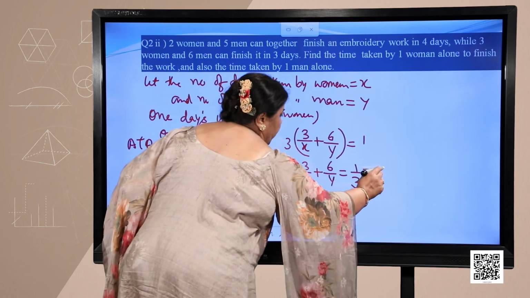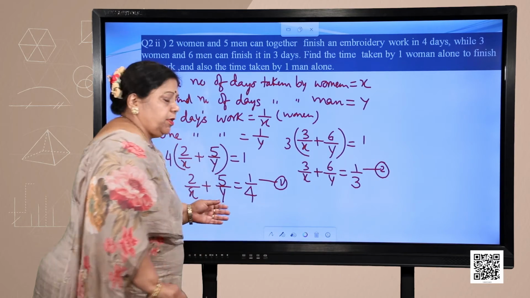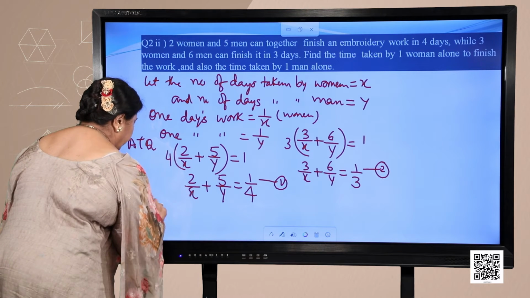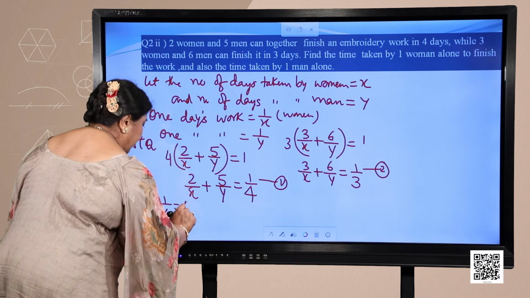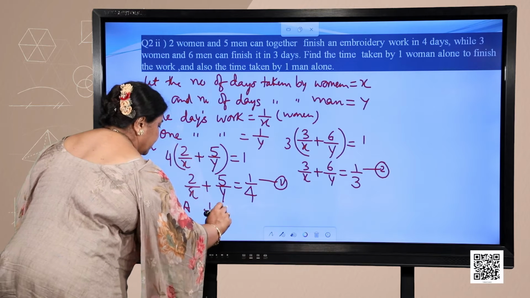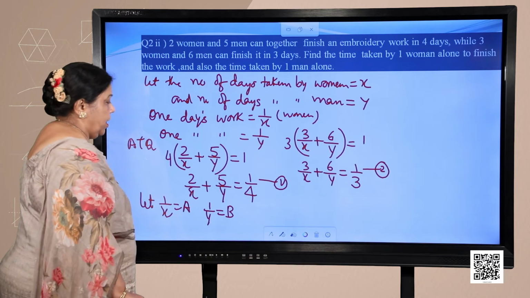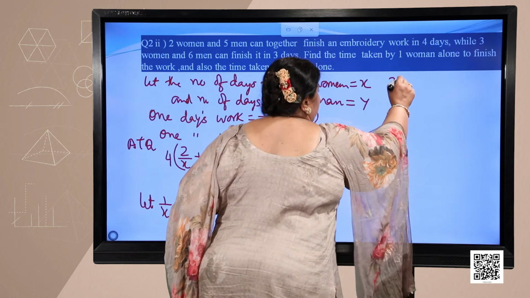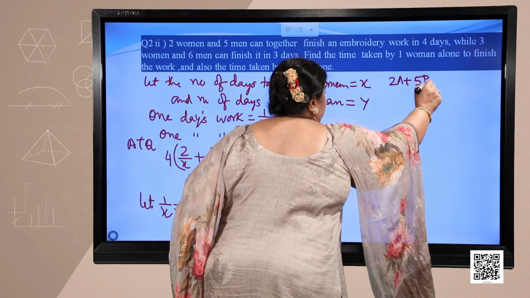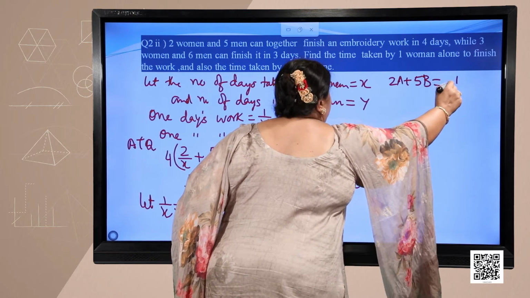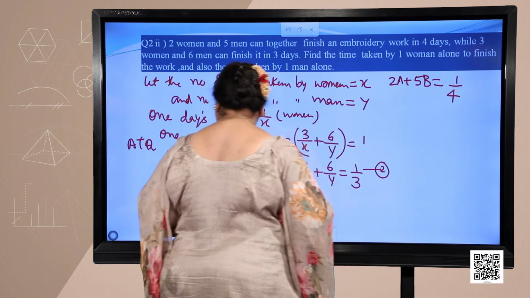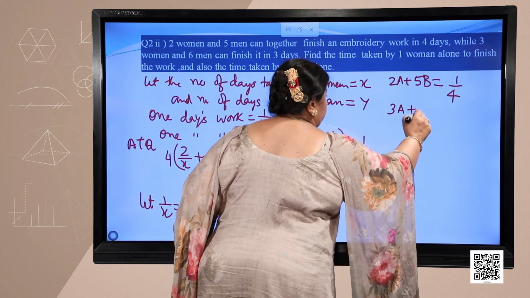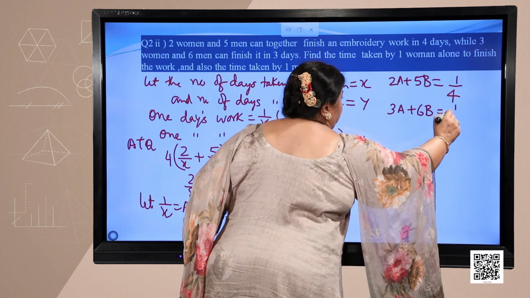Now, to solve them, first let us reduce them to linear equations. How can we do that? We will take 1 upon x as a and 1 upon y as b. So, our equations will change to 2a plus 5b is equal to 1 upon 4 and 3a plus 6b is equal to 1 upon 3.